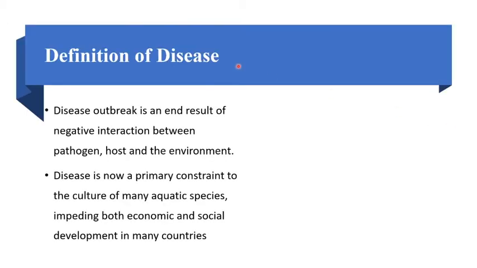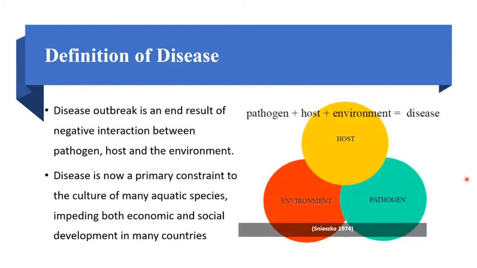Let us learn about the definition of disease. Disease outbreak is the end result of negative interaction between pathogen, host and environment. We can see in this image pathogen, host and environment in negative interaction will finally lead to the formation of a disease.